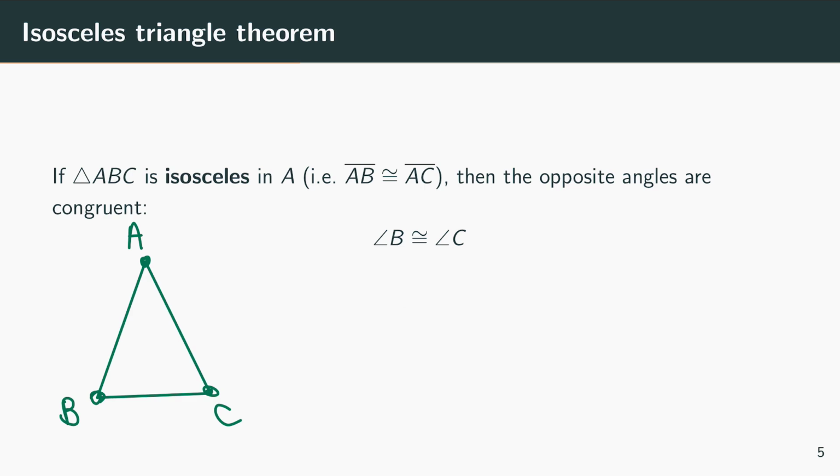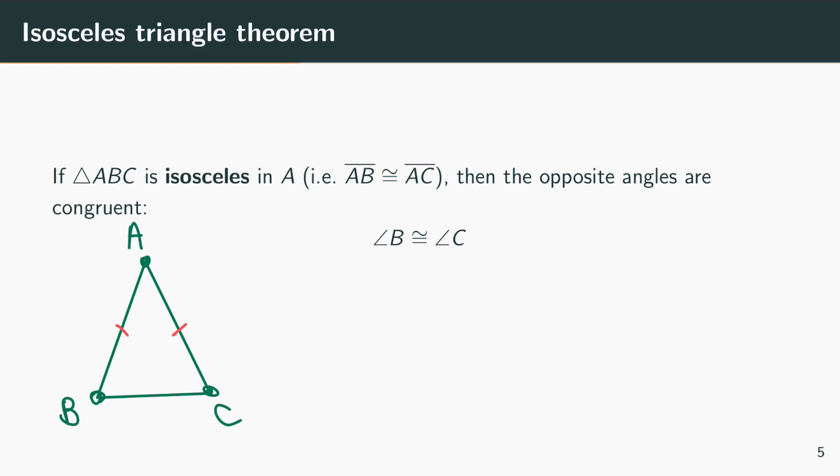Now this axiom actually has a large number of consequences. The first of these is the Isosceles Triangle Theorem. This says if a triangle ABC is isosceles in A, so what that means is you have a triangle ABC, and the sides coming out of A are congruent to each other, so the side AB is congruent to the side AC.